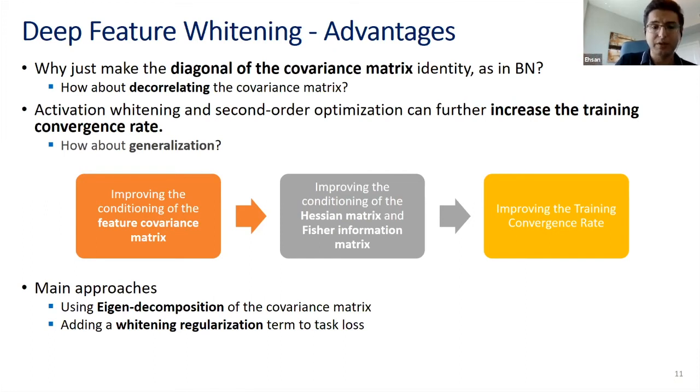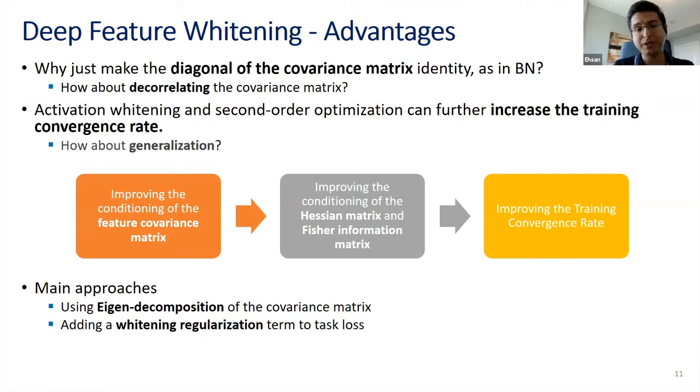And in this diagram, you can see how it's really happening. It improves the conditioning of the feature covariance matrix, and by improving this conditioning, it will improve the conditioning of the Hessian matrix and the feature information matrix for the whole network. This happens for each of the layers, and for the whole network. As a result of this better conditioning, we're going to have a faster training rate, improving our convergence rate as well.